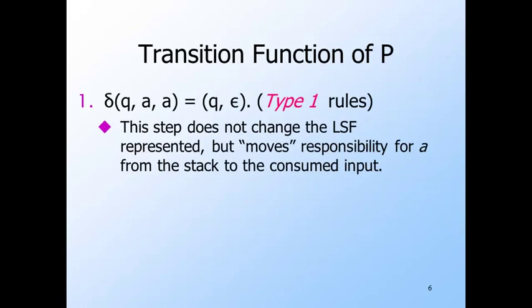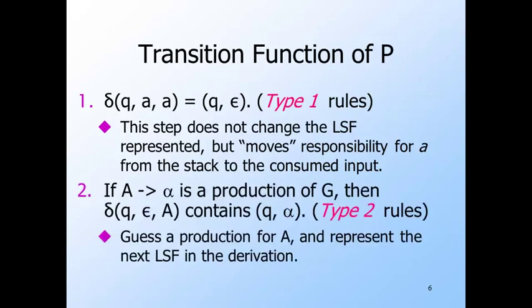In effect, we cancel the A on the stack against the A on the input. The left sentential form represented does not change. We have now consumed one more input symbol A from the input, so that becomes part of the left sentential form. But the A that was at the stack top is removed, so it no longer participates in the left sentential form.